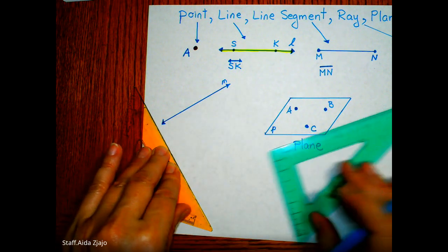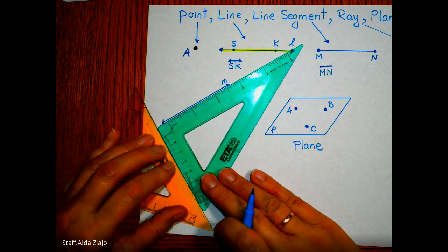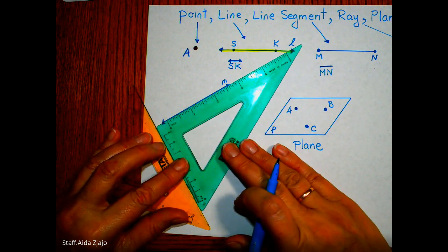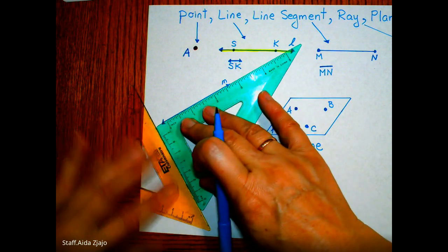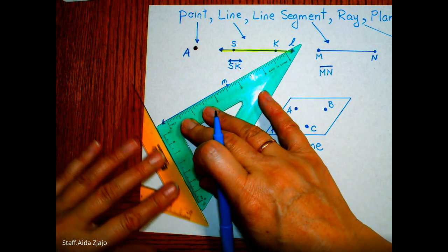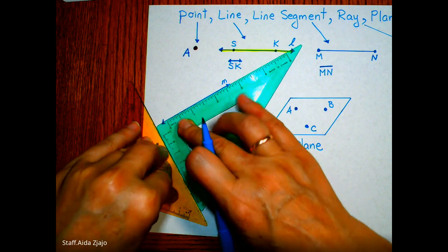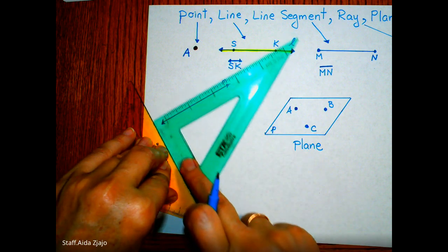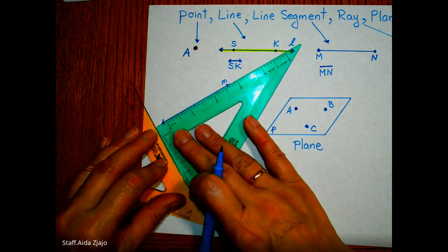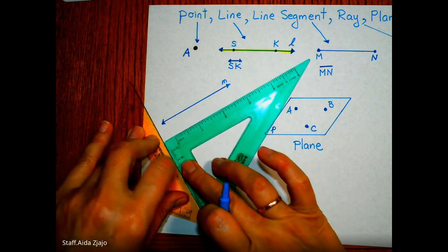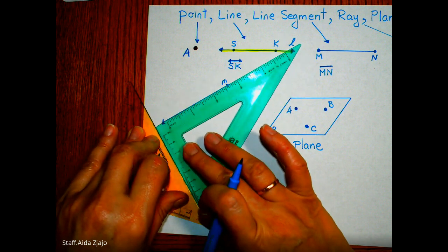That's one line, and then I can place my ruler parallel to that line, exactly matching it. I can add my yellow ruler, keep it strong, pushing toward each other, and then with only one hand I can pull my green ruler, and I can create as many parallel lines as I want to.